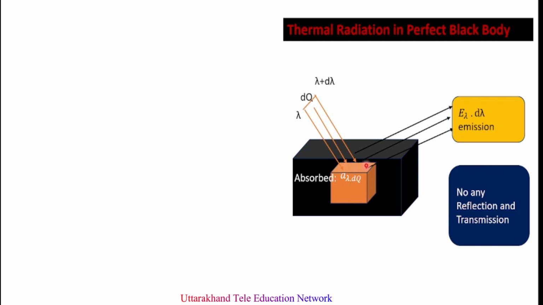If the spectral emissive power of the perfect black body is capital E_λ, then E_λ dλ is the emission of radiation. So the outgoing radiation in 1 second is only E_λ dλ, the emission part, and the incident part is totally absorbed by the perfect black body.